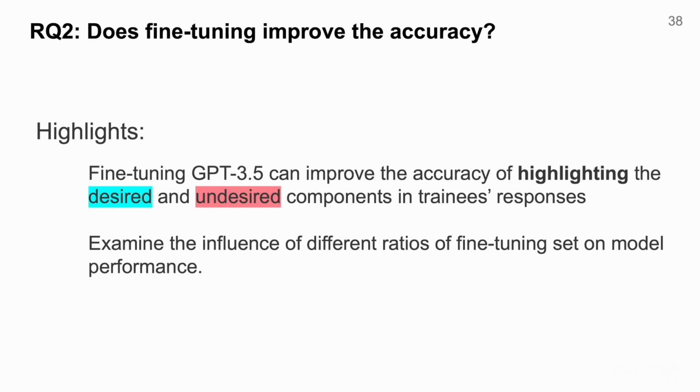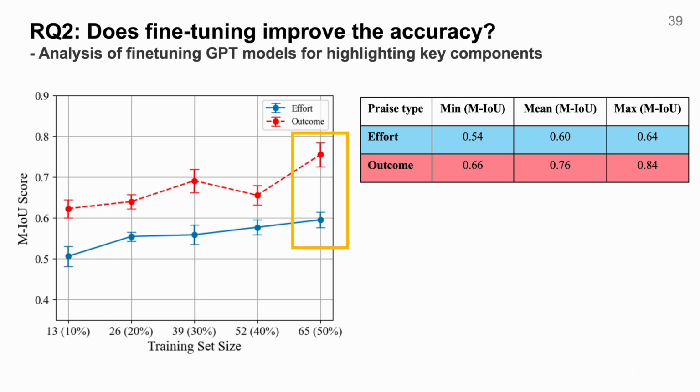And then to answer research question 2, here are our result highlights. We fine-tuned the GPT-3.5 model, and we found that it can further improve the accuracy of highlighting the desired and undesired components in the training responses. We also examined the influence of different ratios of fine-tuning sets on the model performance. Here, we investigated from 10% of the whole data set up to 50% of the whole data set.